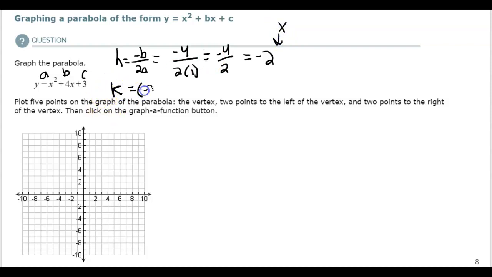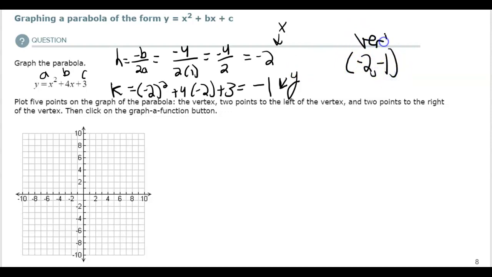My k, I plug in that negative 2 wherever I see an x. This ends up being negative 1, which is the y. So I have negative 2, negative 1 as my vertex.